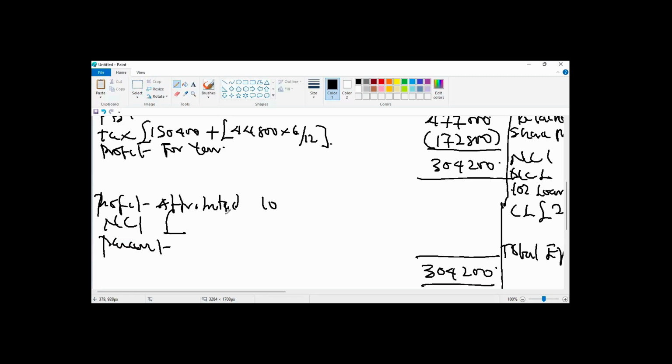Just pick the post-acquisition profit. 16,000 times 0.4, which is 6,400. Then 304,200 minus 6,400 gives 297,800. So that's the end of the question.